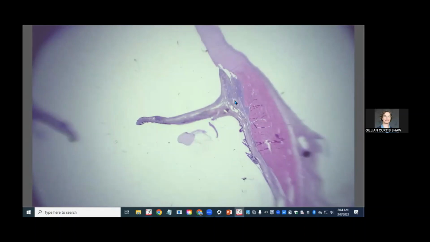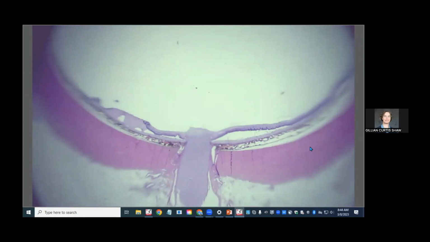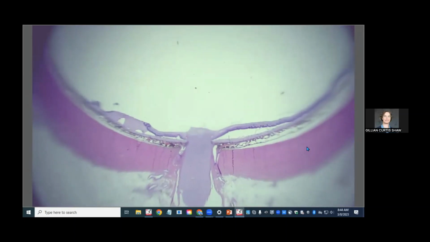You can again see that the flow holes here are pretty collapsed, like the angles are pretty narrow and collapsed, and there's lots of purple here, which we'll look at closer in a second as well. Going to the back, the retina is a little awkwardly sampled, but like I said, I never would have called it grossly, but histologically, there's something interesting underneath this retina, and we'll look at that closer too.